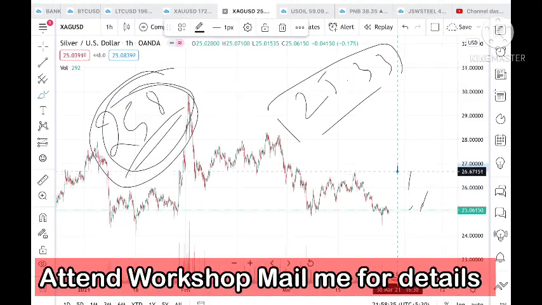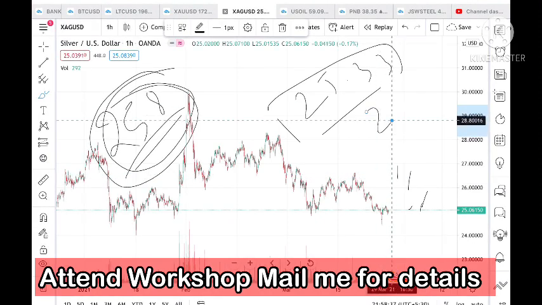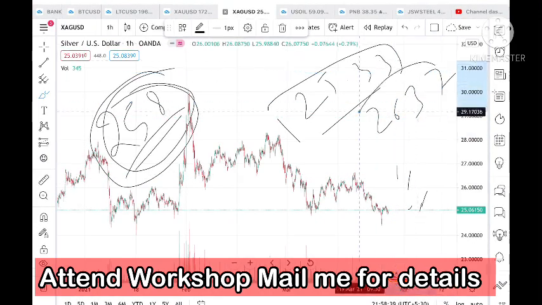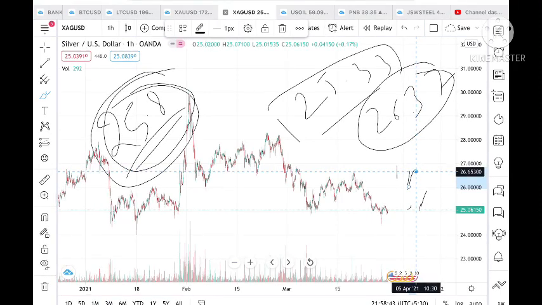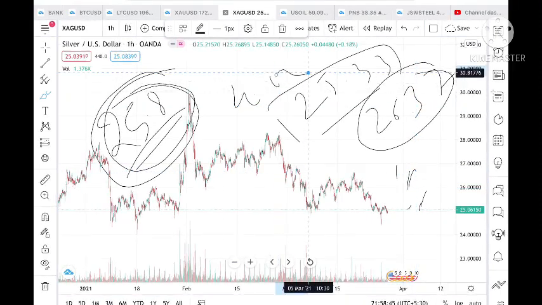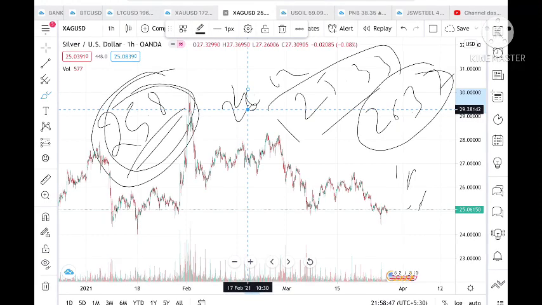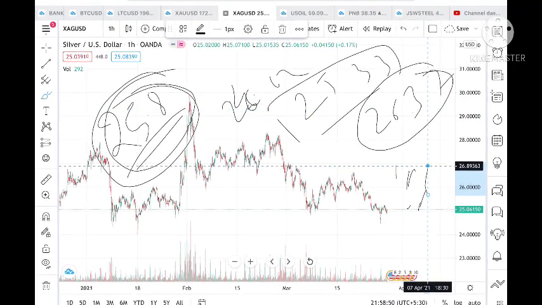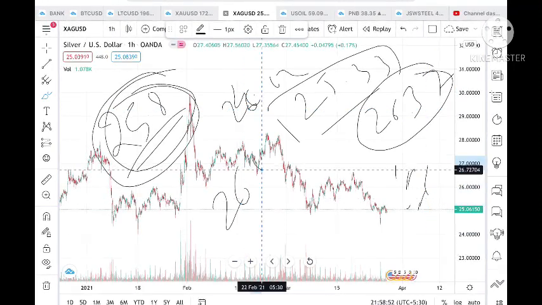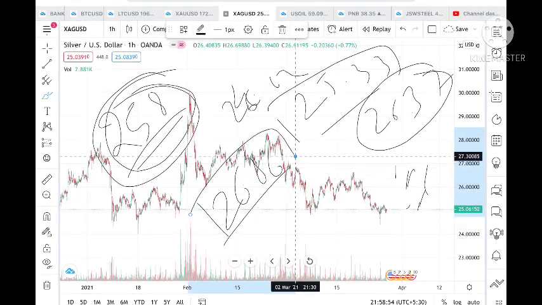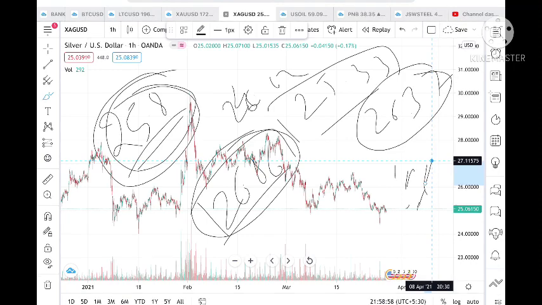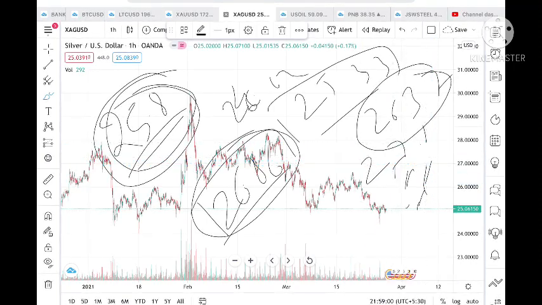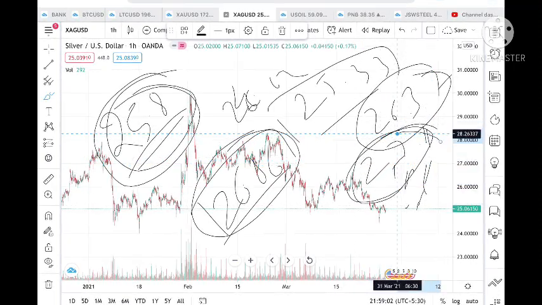Once this is touched, the next target is around 26.67. After that it can touch 26.86, and once this is achieved, the next target is around 27.11. Once 27.11 is touched, the next is around 28.